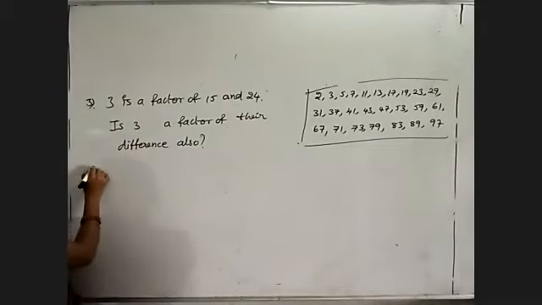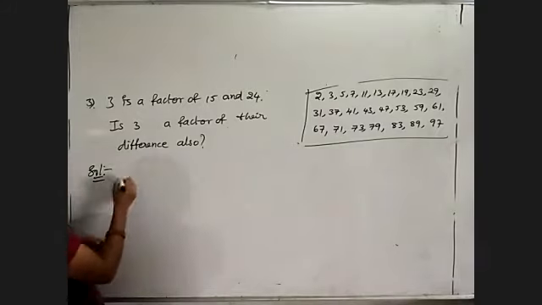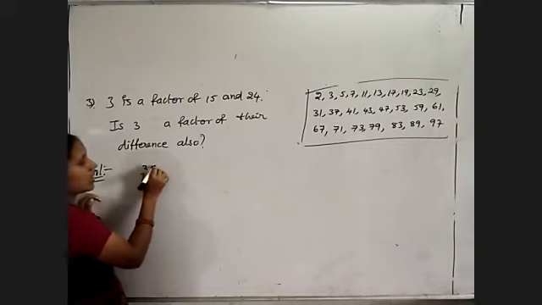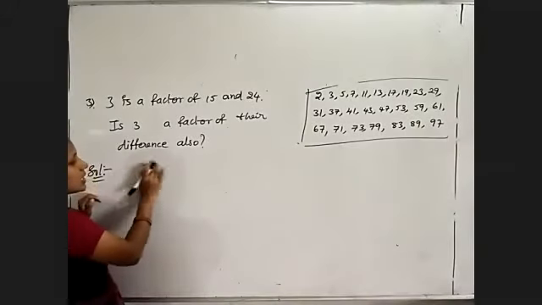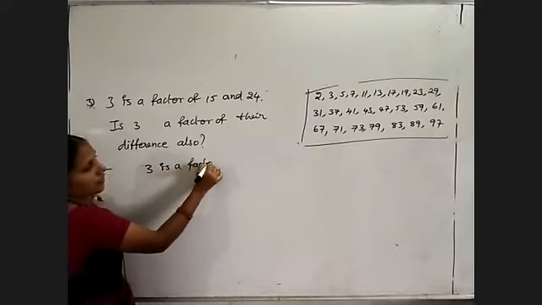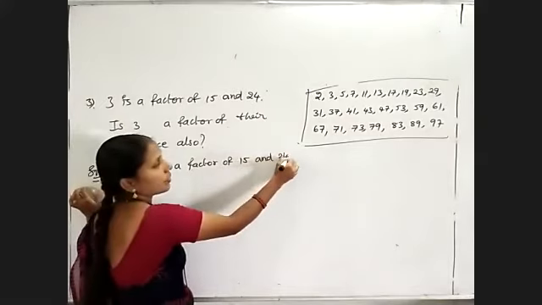Now observe. 3 fives are 15, so 3 is a factor of 15. 3 is a factor of 24 also, since 3 eights are 24.